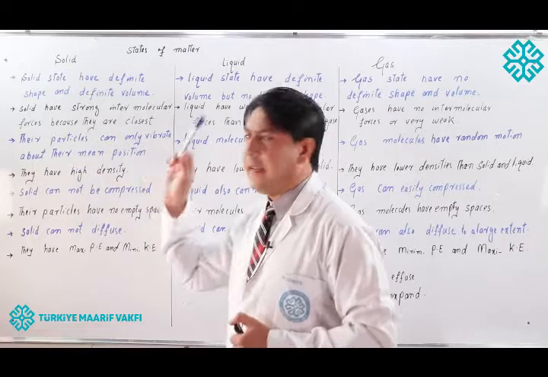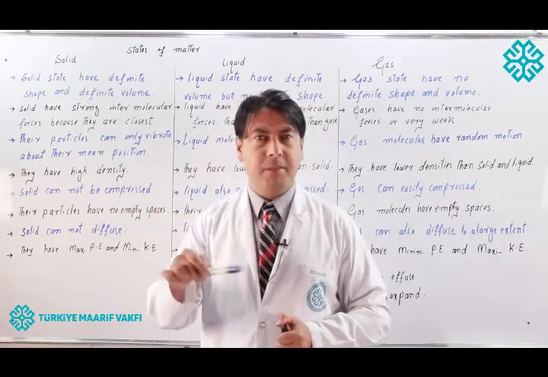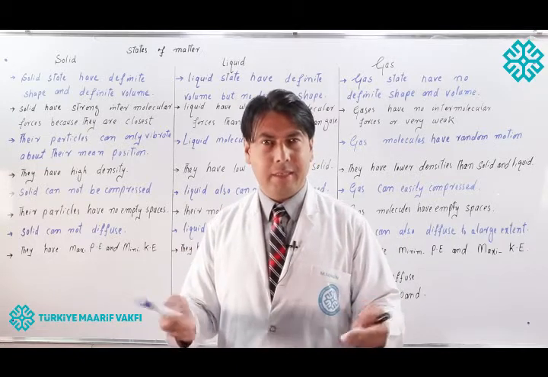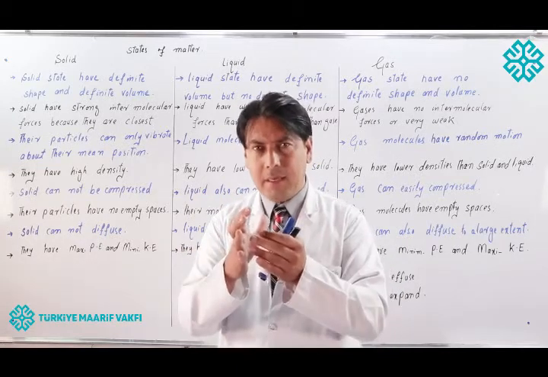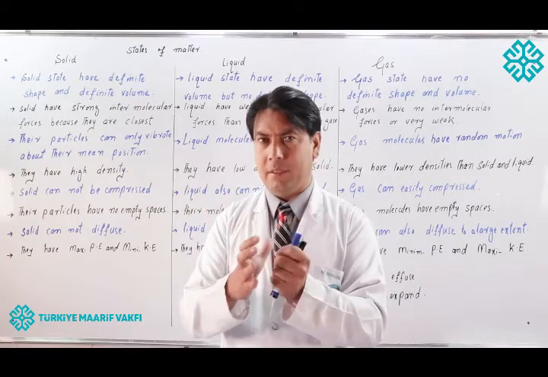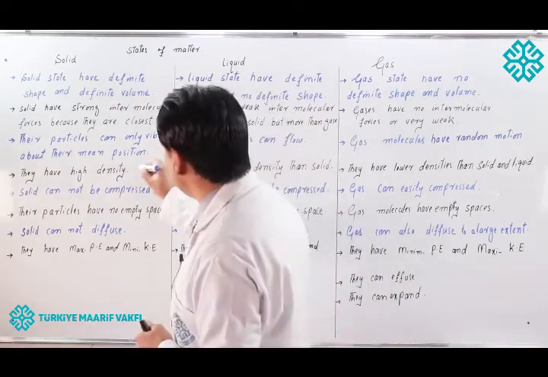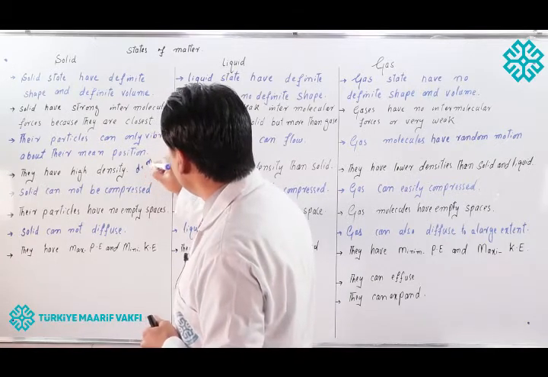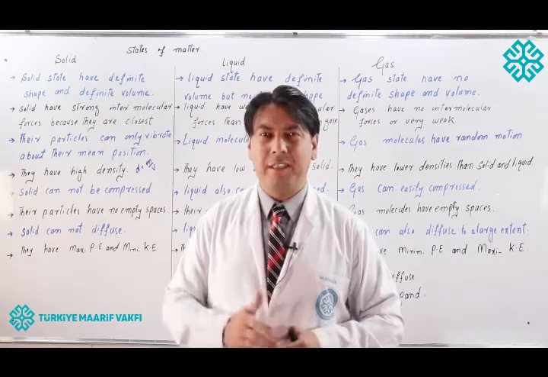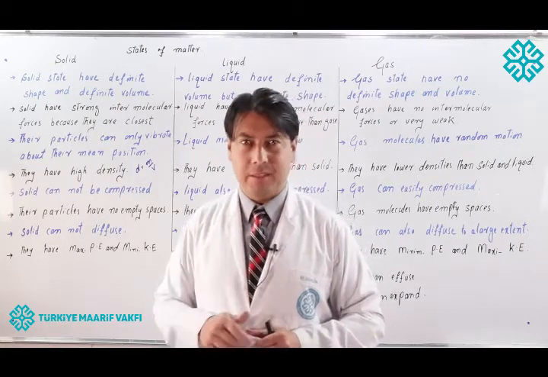Solid has high density. The density of the solid is high. Why? Because the particles, the molecules of the solid, are closest with each other. Density D is equal to m by V, mass by volume. In a unit volume, a large quantity of mass is present in solid.